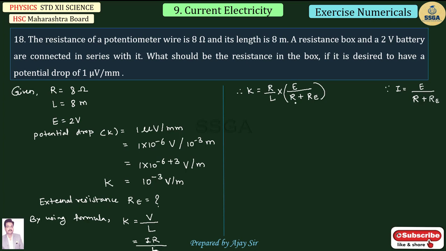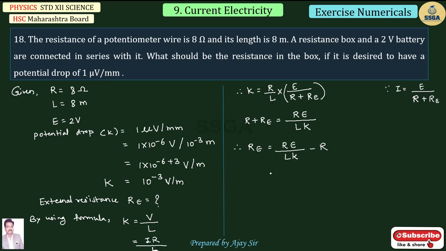Now this full term we will shift to the left hand side and K we will shift to the right hand side. So R plus R_E is equal to R E divided by L into K. We want only the external resistance, so R_E is equal to R E by L K, and the resistance of the wire we shift to the right hand side, minus R.